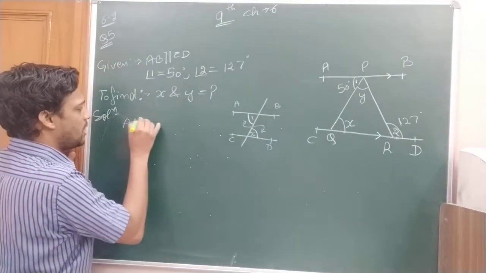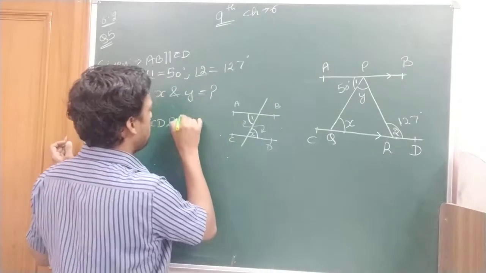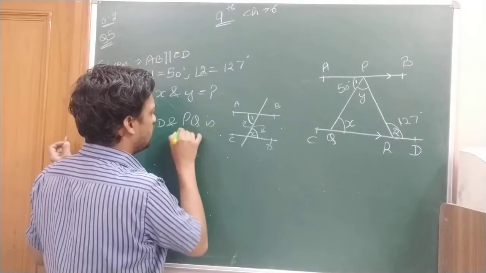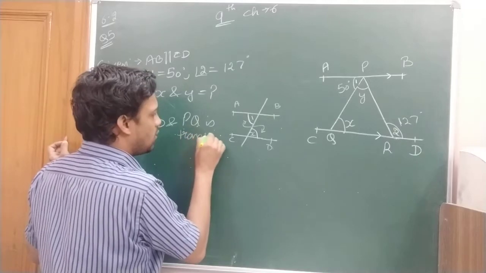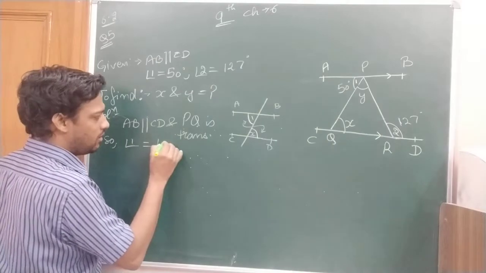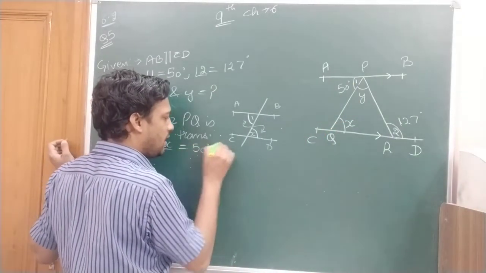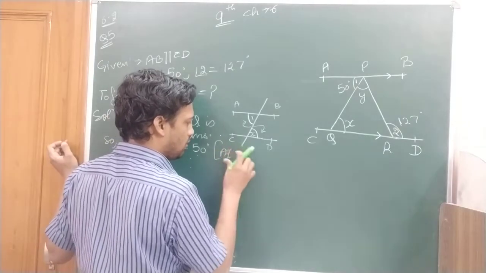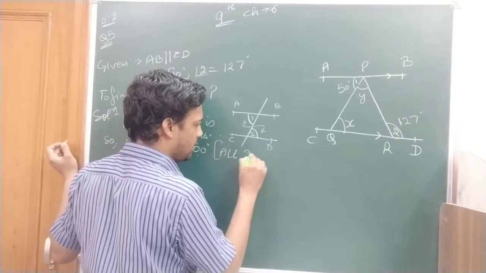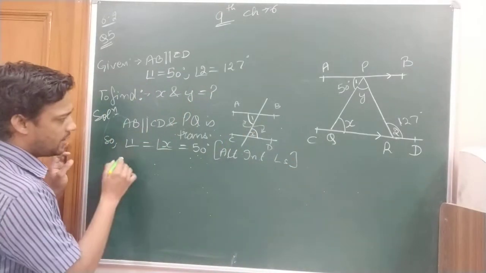So I can write: AB is parallel to CD, PQ is transversal, so angle 1 equals angle x equals 50 degree. Reason: alternate interior angles.